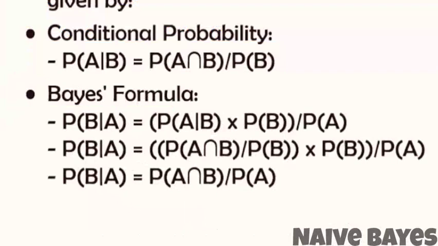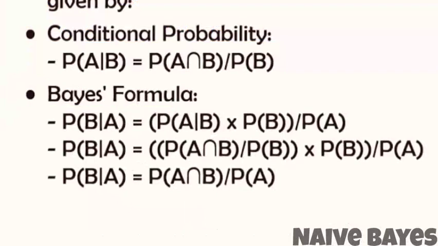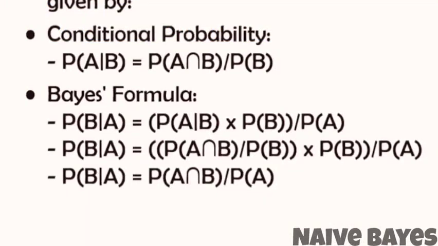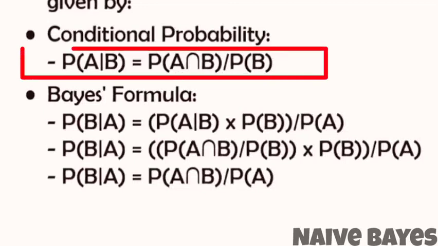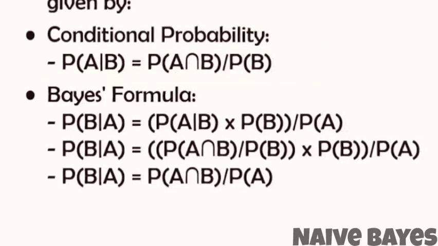Basically the theorem is used to determine the probability of a hypothesis with prior knowledge. So it depends on the conditional probability. Here, probability of A by B, which we are seeing in conditional probability, is the posterior probability.